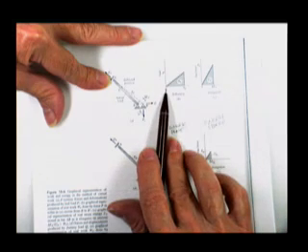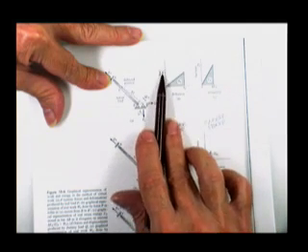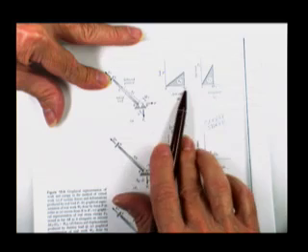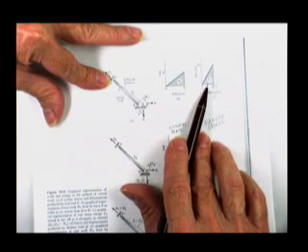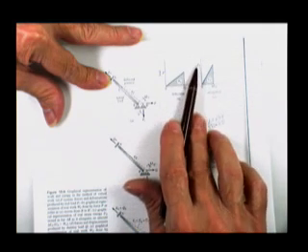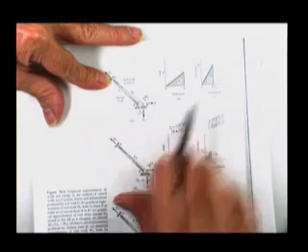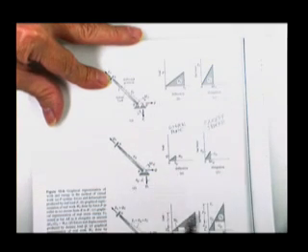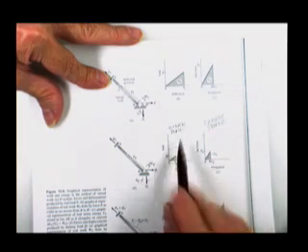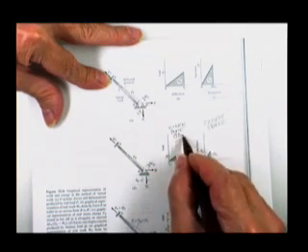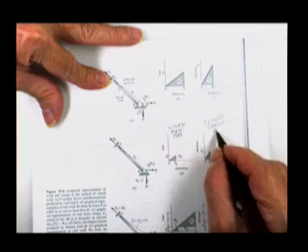The energy that you stored is 1/2 of the force in the member itself times how much you stretched it. That's work done on, and this is energy stored in.